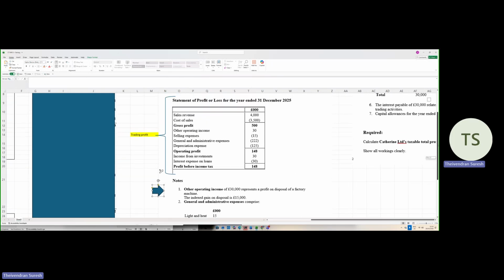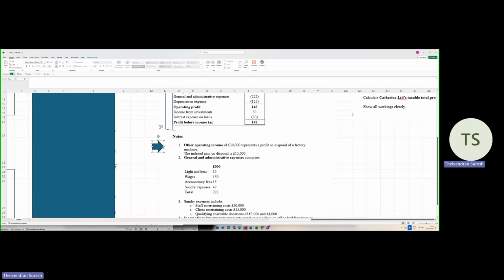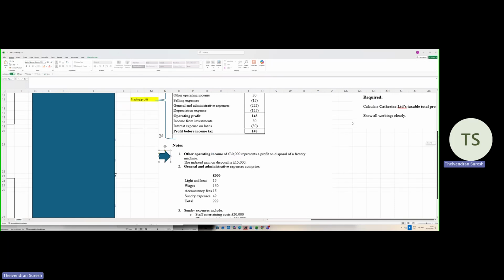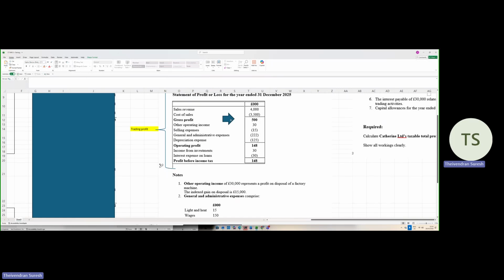They have given us the profit and loss account, and here they have given us certain adjustments. They said the other operating income, 30,000, represents a profit on disposal of a factory. This 30,000, which is included in the profit, is not trading profit, because you sold a factory.